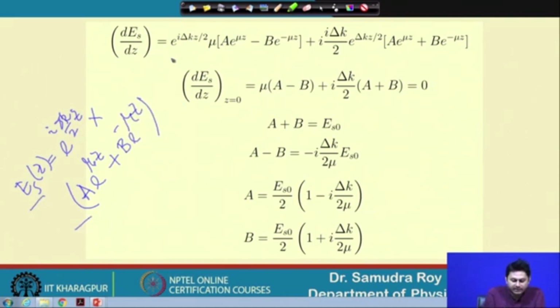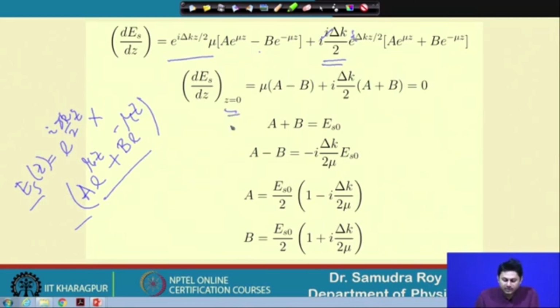The derivative of the first term will be mu multiplied by this, with a negative sign for the second term, and the next term gives i delta k by 2. So, please note, one i should be there; I just mistakenly wrote this i here. Anyway, now we are putting z equal to 0.